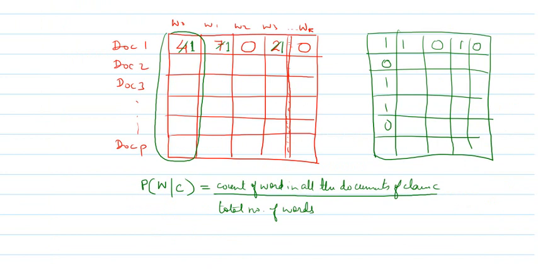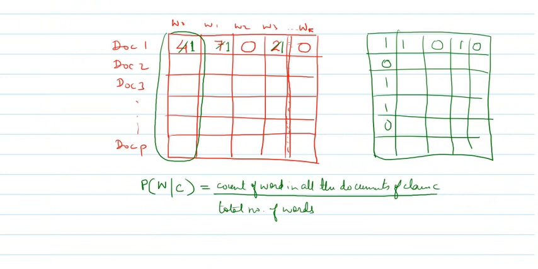So now, what is the problem with this Bernoulli Naive Bayes? The problem is that even if the count of the word in a document is very low, it is taken into consideration. And if the count of the word is very high, it is also taken into consideration with the same weight.